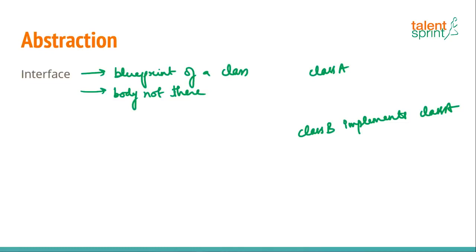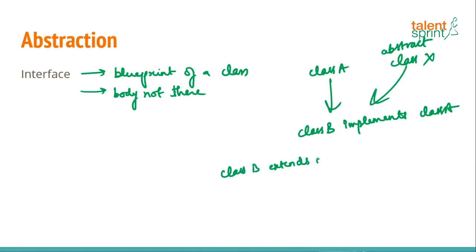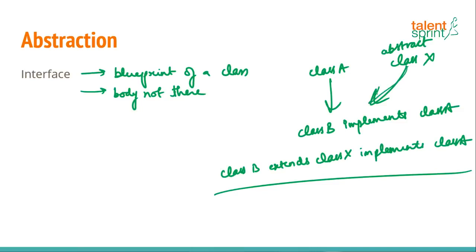Alright, similarly, let's say class X, which is abstract, and you want to use this and this both, so it will look something like class B extends class X implements class A, correct? So it is extending this abstract class and implementing this interface.